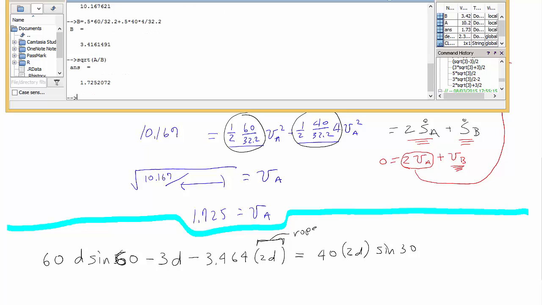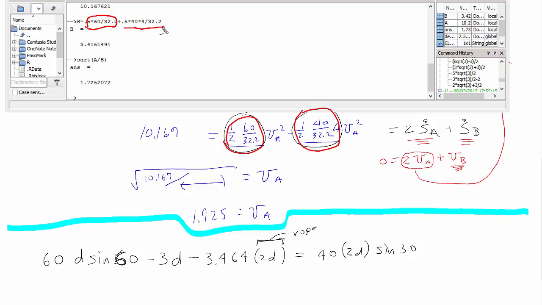Move it down. Okay. 1/2 of 60, 32.2, and 1/2 of 40, 4 and 32.2. So I got my 40, my 4, 32.2 and a half. So I think the B is my major number.